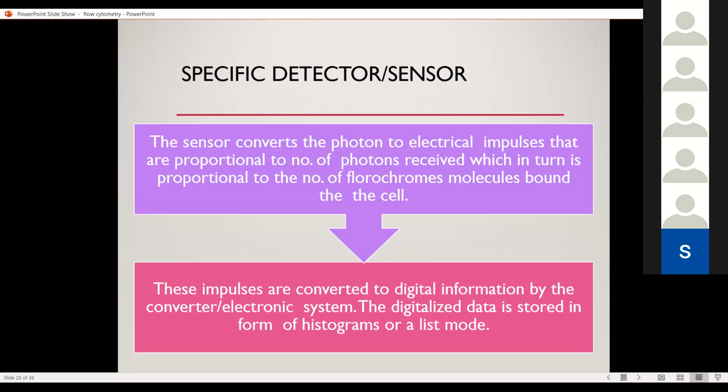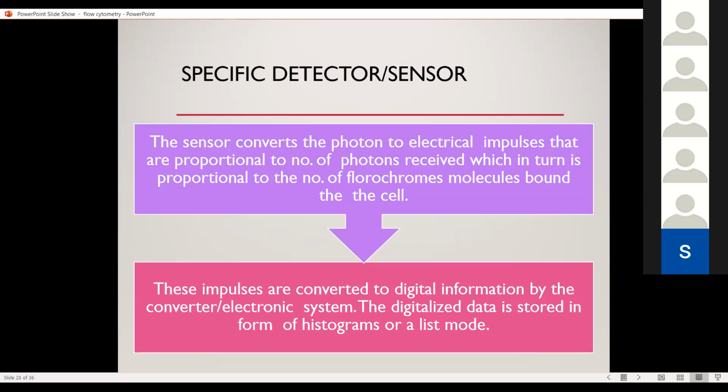What do the detectors do? The detectors here are present to convert the photons which are reflected by the dichroic filters into an electrical impulse. Electrical impulses are proportional to the number of photons received, which in turn is proportional to the number of fluorochrome molecules bound to the cell.